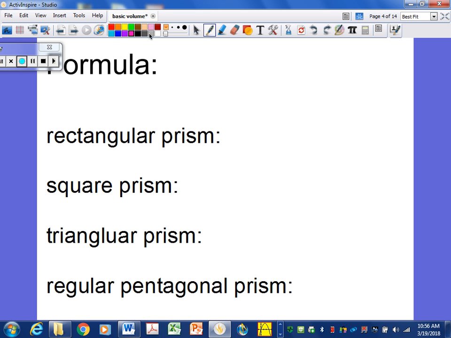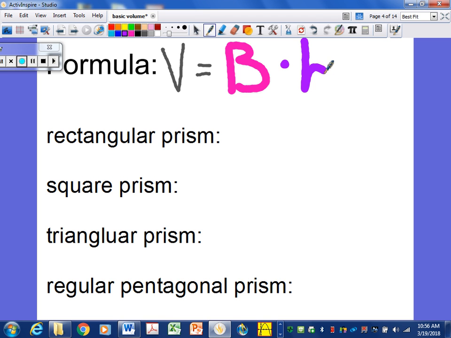And that formula is, nice and big, volume equals capital B times H. Okay, so yes, it's a nice, easy, gentle formula where big B stands for the base area.